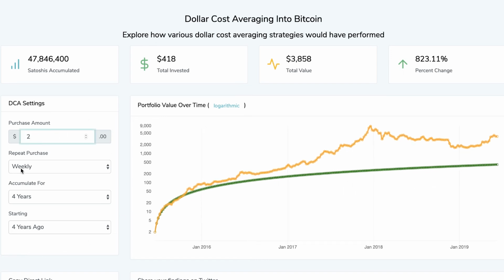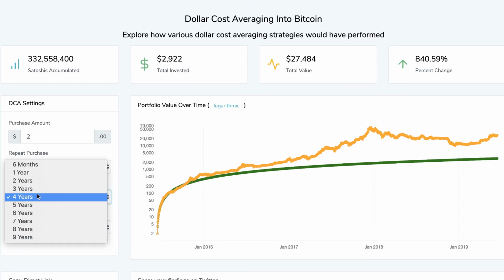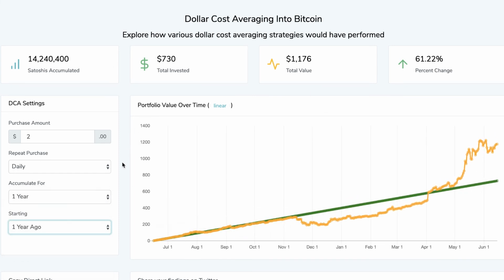If you've got a lower budget, for example, $2 daily, which is maybe the cost of a cup of coffee, and let's do 1 year. Even after 1 year, had you started at the beginning of last year, you would have invested $730 just by dollar cost averaging with an amount of $2 per day, and you would now have a value of $1,176, which is a 61% change.